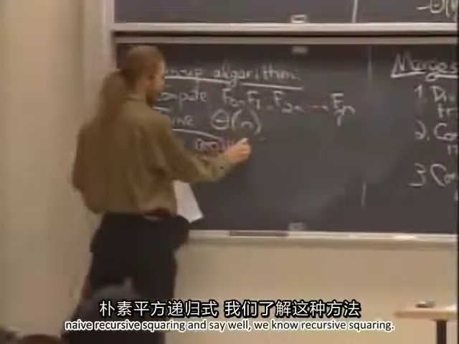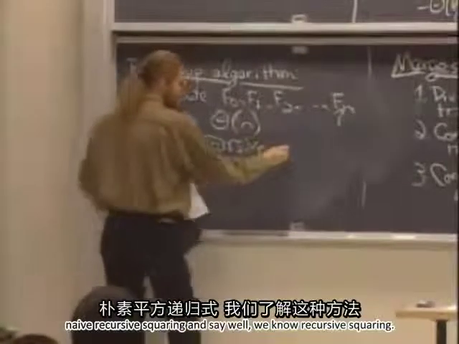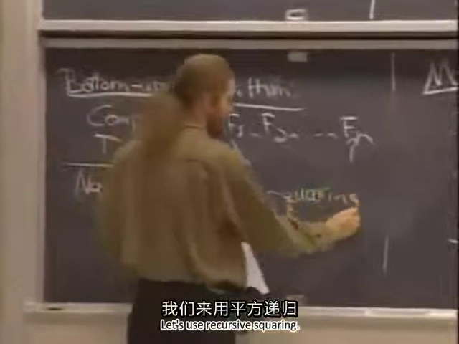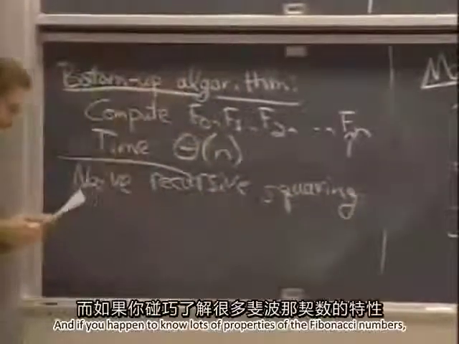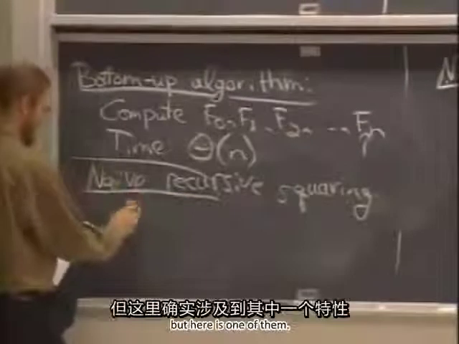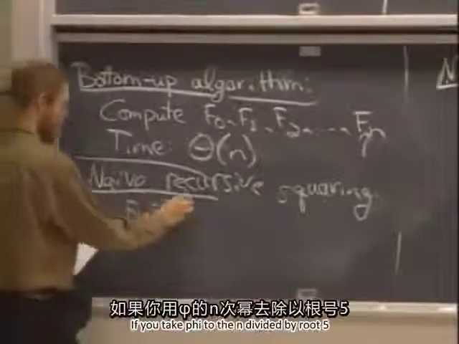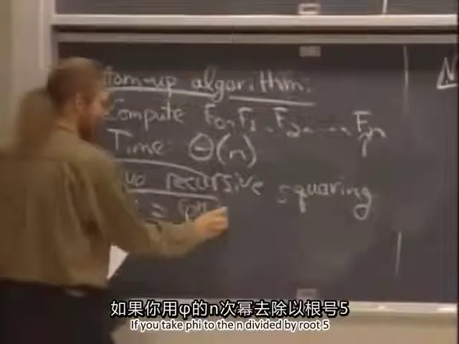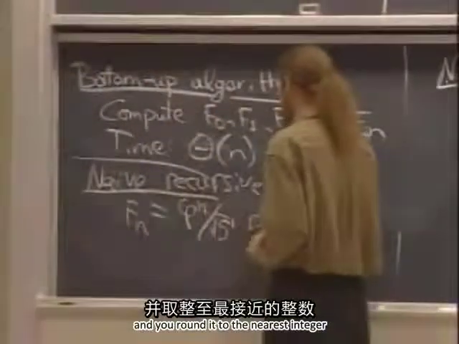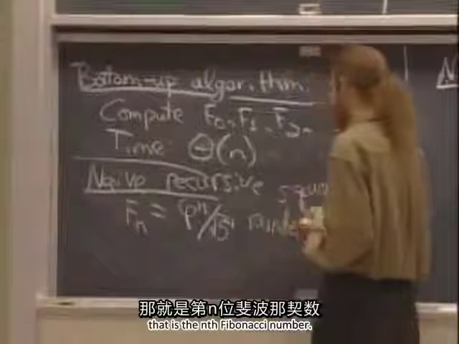I'm going to say, well, we know recursive squaring. Recursive squaring takes log n time. Let's use recursive squaring. And if you happen to know lots of properties of the Fibonacci numbers, you don't have to, but here's one of them. If you take phi to the n divided by root 5, and you round it to the nearest integer, that is the nth Fibonacci number.